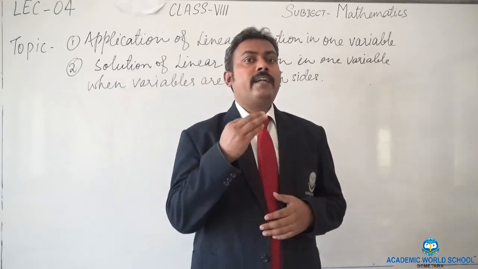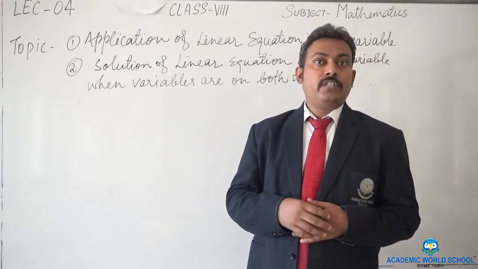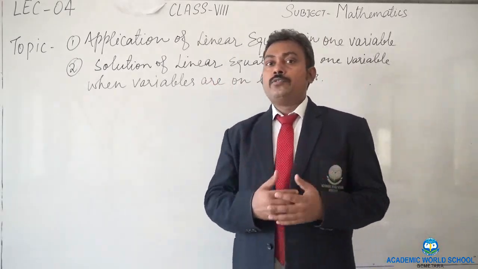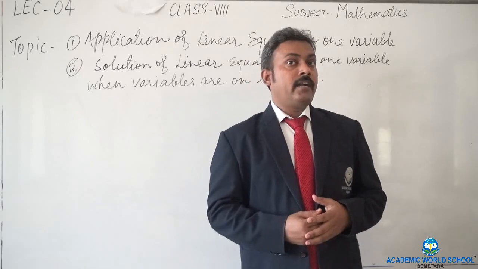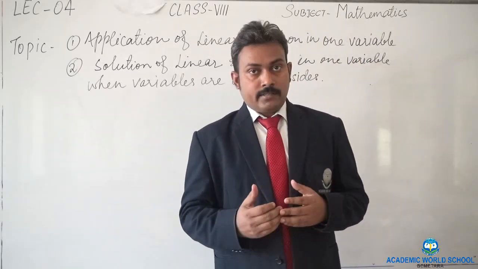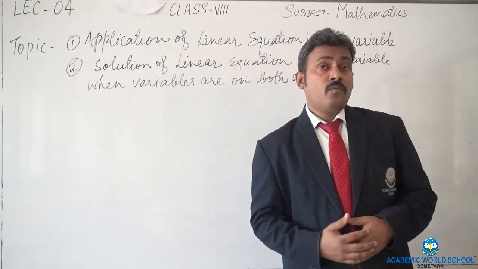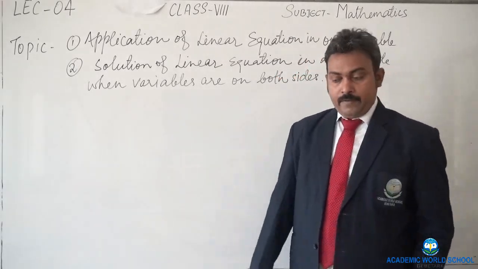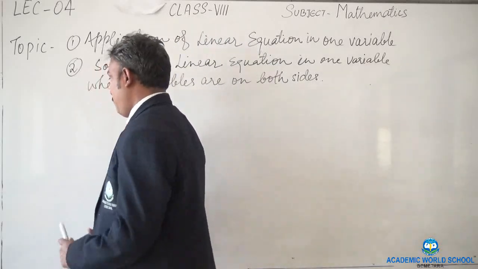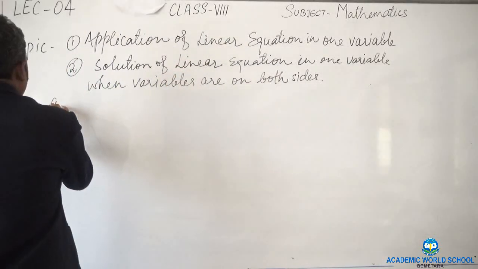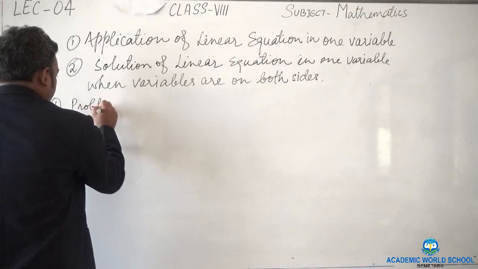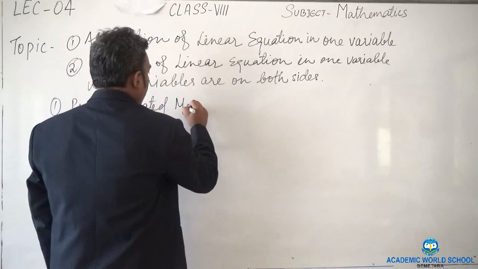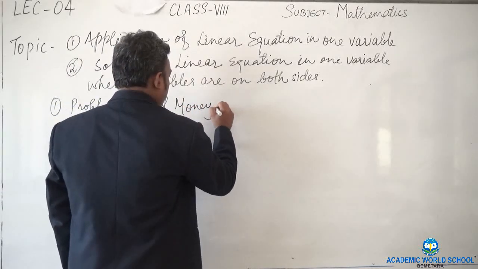So till now we had discussed three different types of problem, and I had asked you to do the assignments related to that. I hope you have done the assignments. Now we will discuss today the fourth type of problem, the problem related to money denomination.